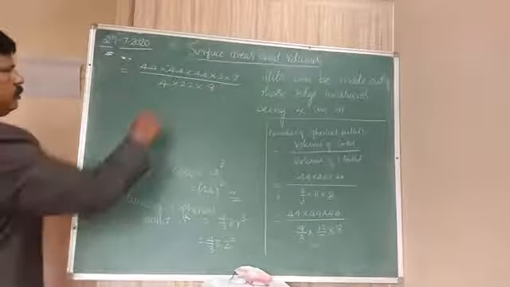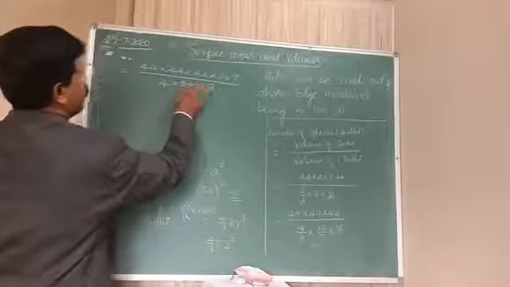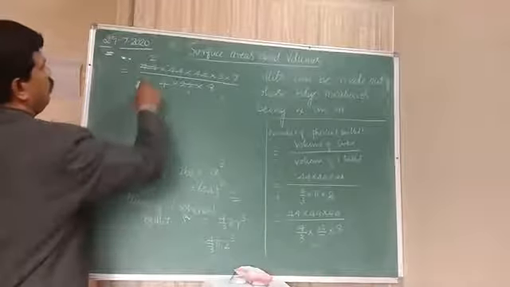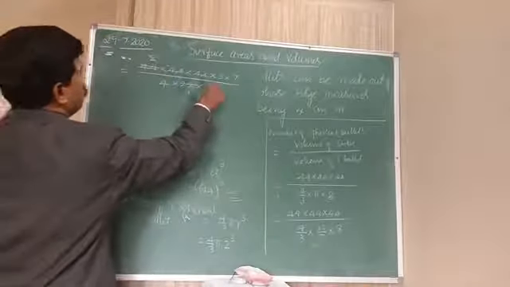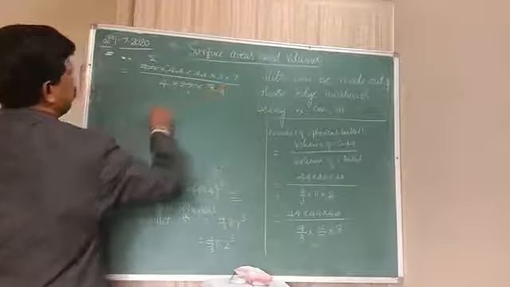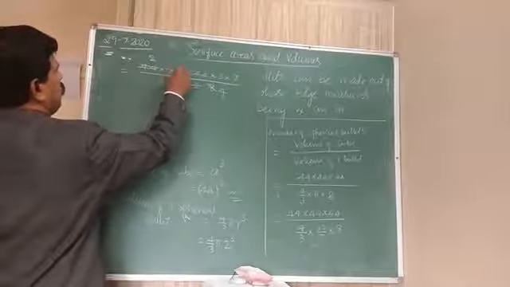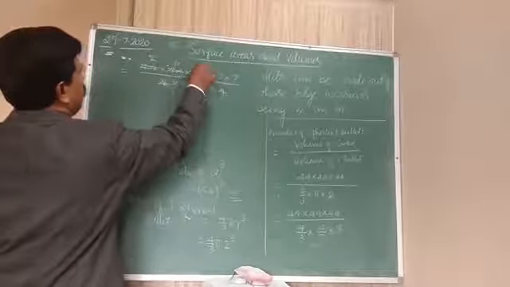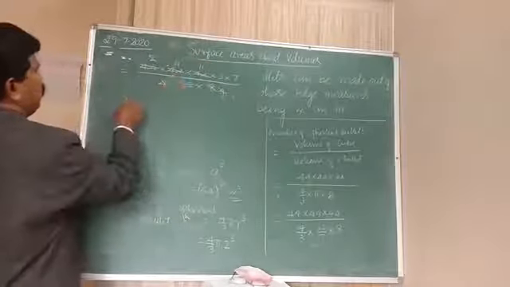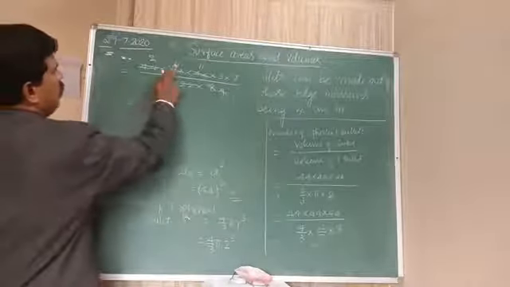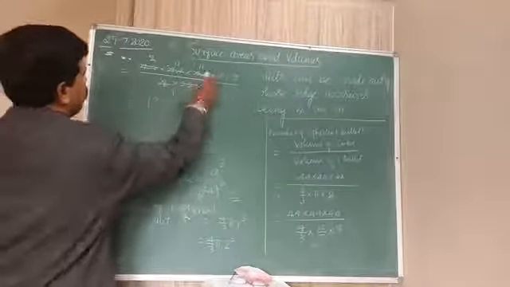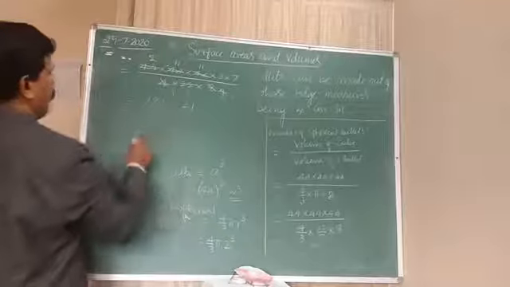Now 22 ones are 22, 22 twos are 44. Now 2 ones are 2, 2 fours are 8. Now 4 ones are 4, 4 elevens are 44. Again 4 ones are 4, 4 elevens are 44. So here this is 11 into 11, 121 into 7 threes are 21.